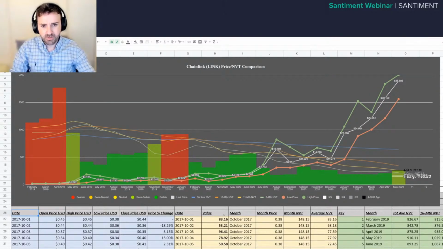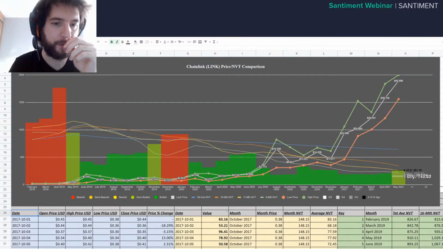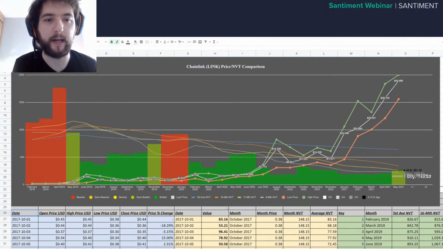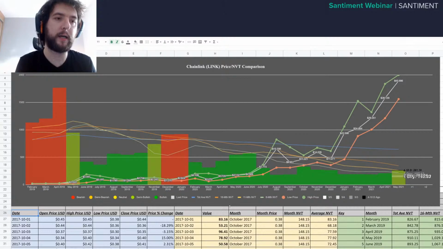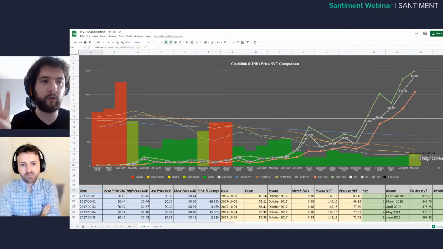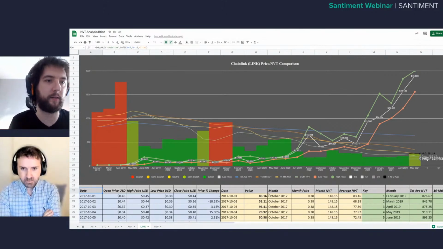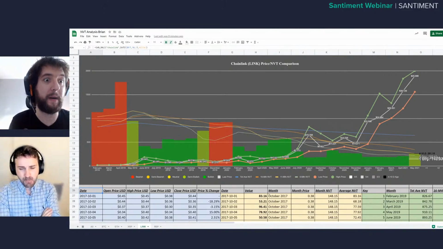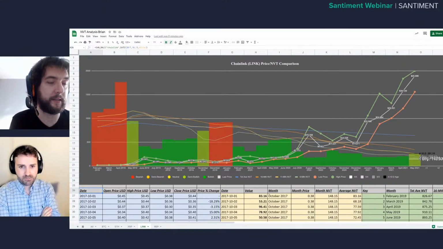So essentially, Brian, just to reiterate for people, what this model does is it tries to visualize the relationship between the amount of value being transacted on the network compared to the market value, or the total market capitalization of the coin.